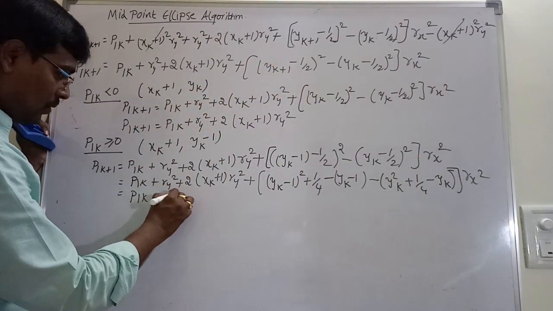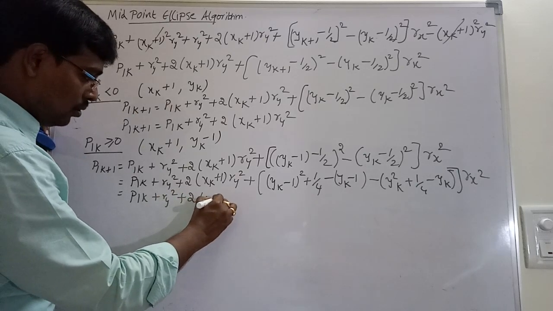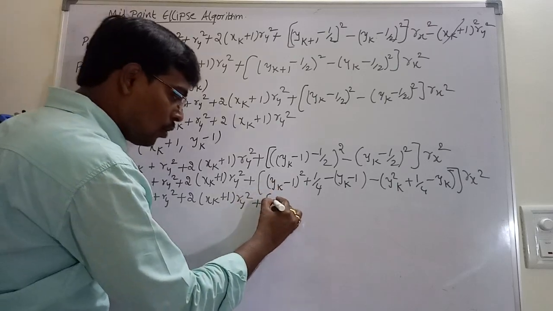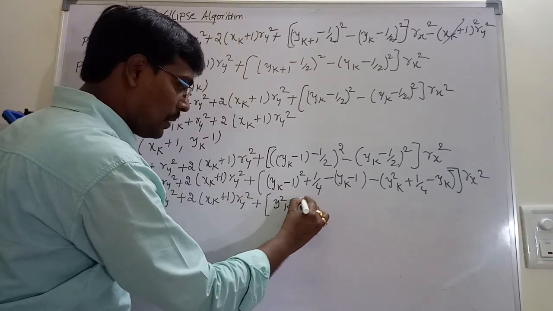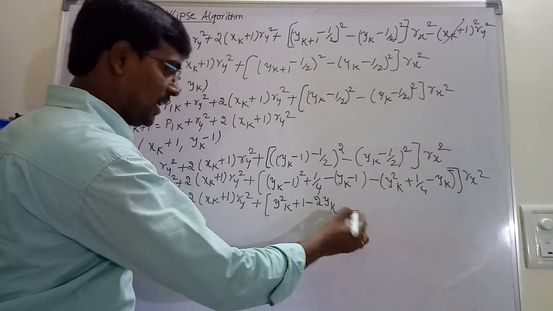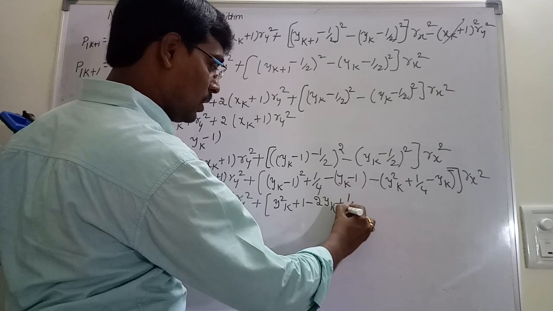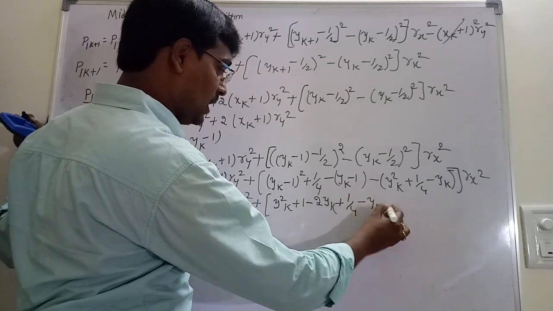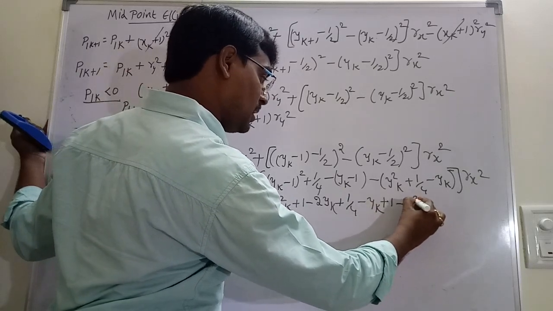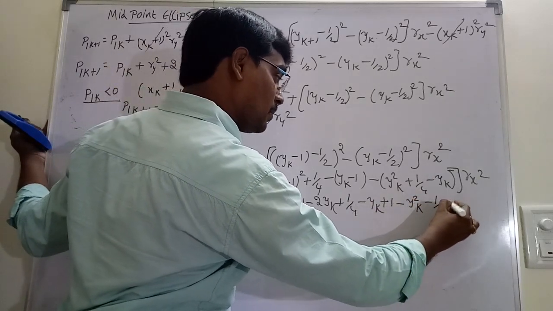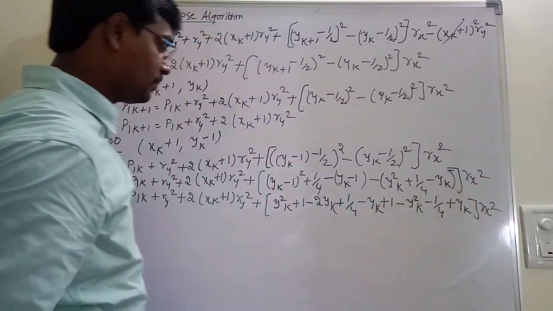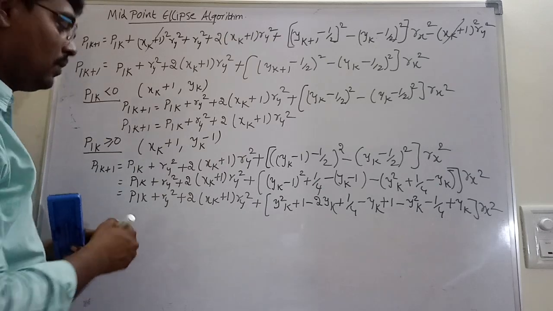So p1k plus ry square plus 2 into (xk+1) into ry square plus y square k plus 1 minus 2yk plus 1 by 4 minus yk plus 1 minus y square k minus 1 by 4 plus yk, into rx square. So the (a minus b) whole square formula.